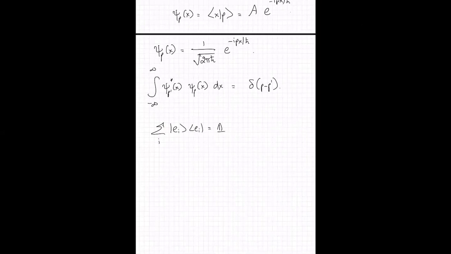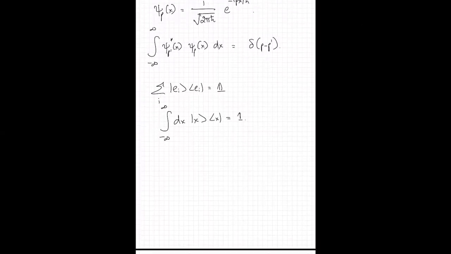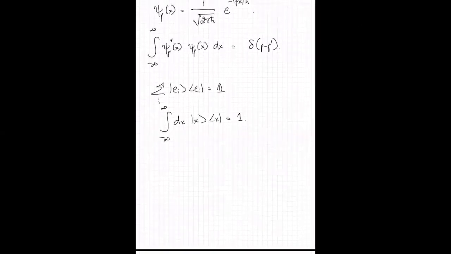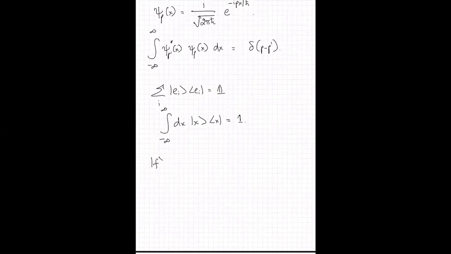And in infinite dimensions, for example in the case of x, this is the integral from minus infinity to infinity dx |x><x| equals 1. Right? So suppose I want to expand a vector f in an infinite dimensional Hilbert space as a linear combination of the basis vectors of the x operator in the x representation, I would simply write this as 1 acting on f, right? And that is just trivially equal to f.